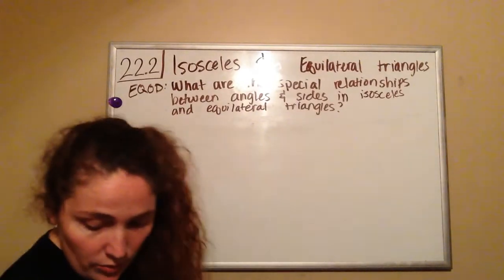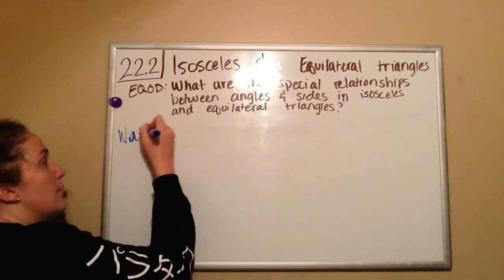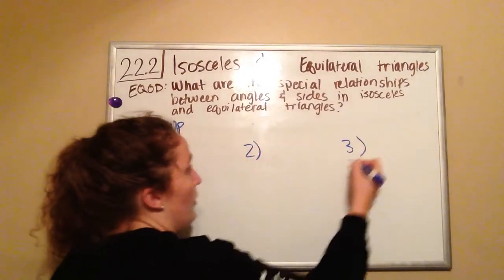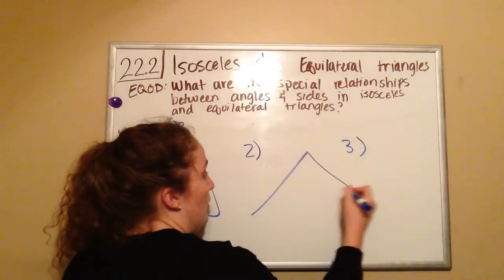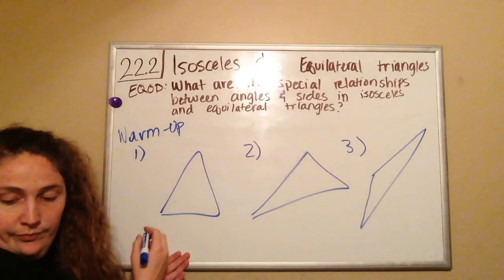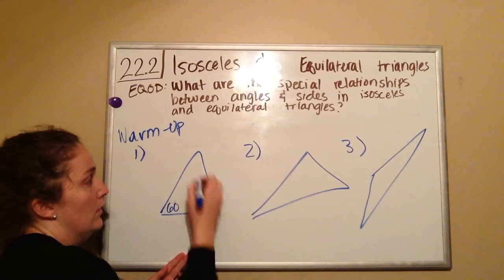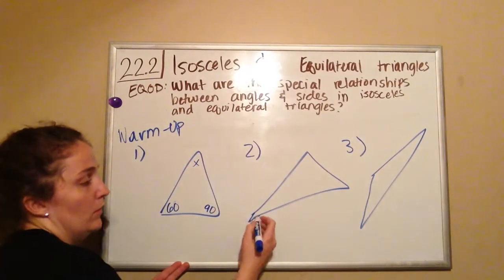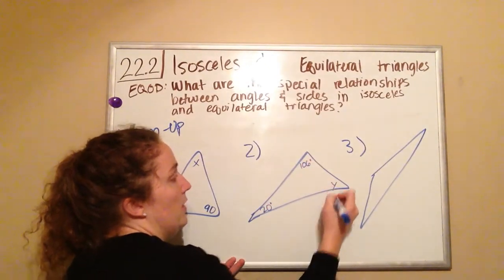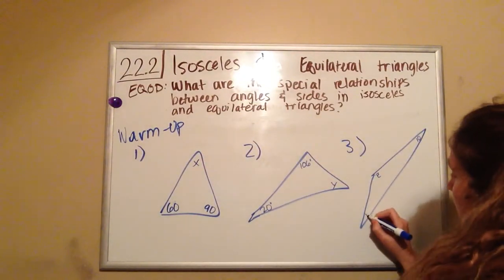Alright, so for the warm-up, we're going to be looking at some triangles, and I'm going to be asking you to find the missing angle or the variable. 60, 90, 20, 106, Y, Z, 10, 14.